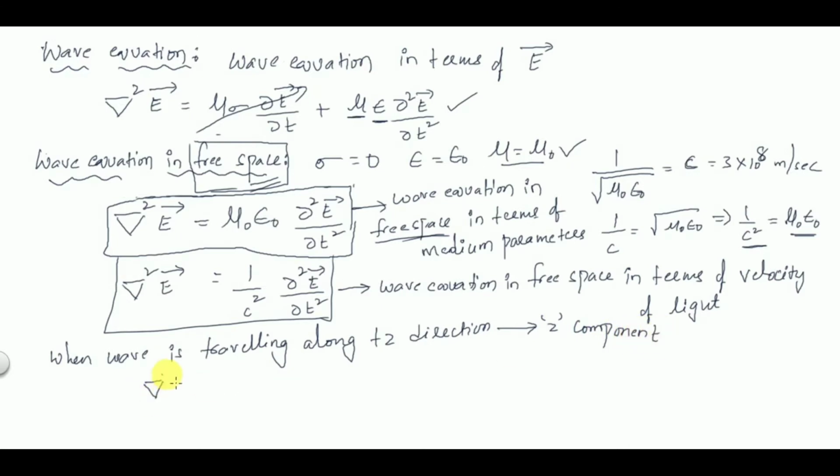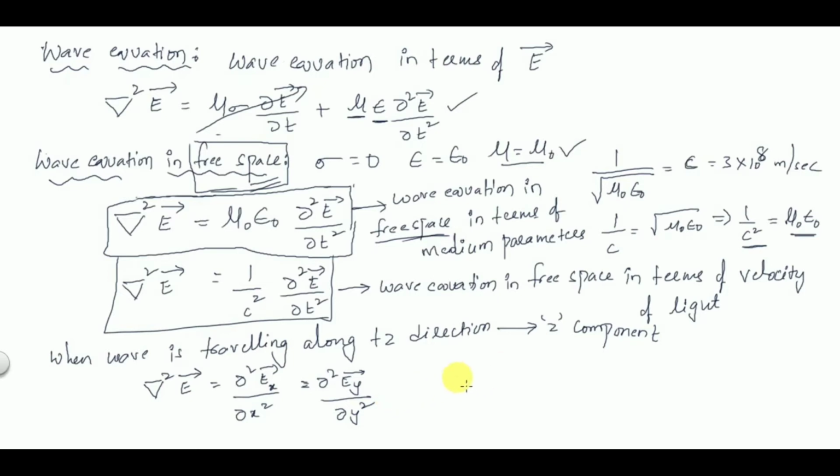Therefore del square E bar can be written as dou square E bar by dou x square or y square. If the component is x, it will be dou square E x by dou x square, or if the component is y, it can be written as dou square E y by dou y square also.